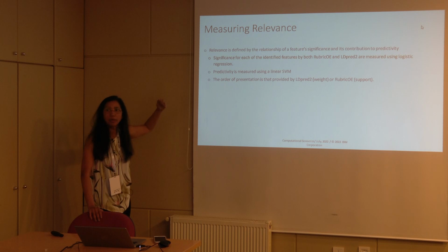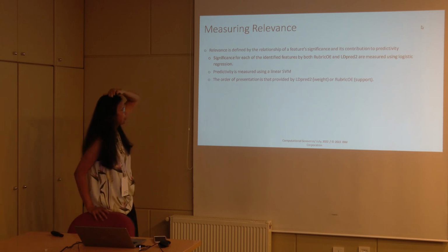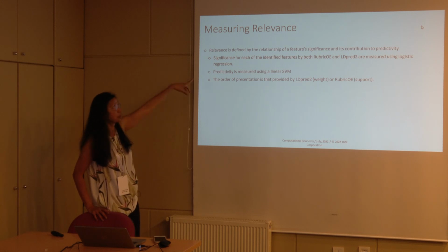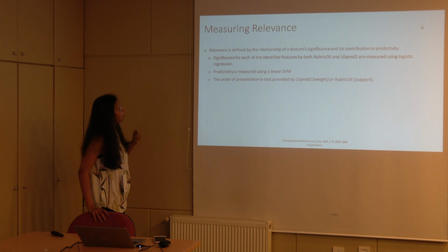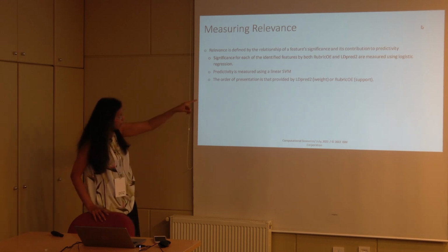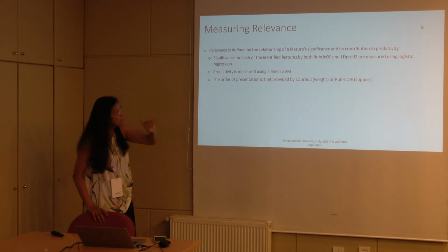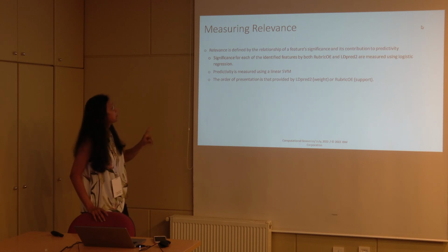So the two are mathematically related, but relevance is defined by a feature's significance and its contribution to predictivity. That's our definition of relevance. So significance is computed for each of the identified features, both by the AI method, which we call RubricOE, and by the LD-Pred2 method, the other method I'm referring to.